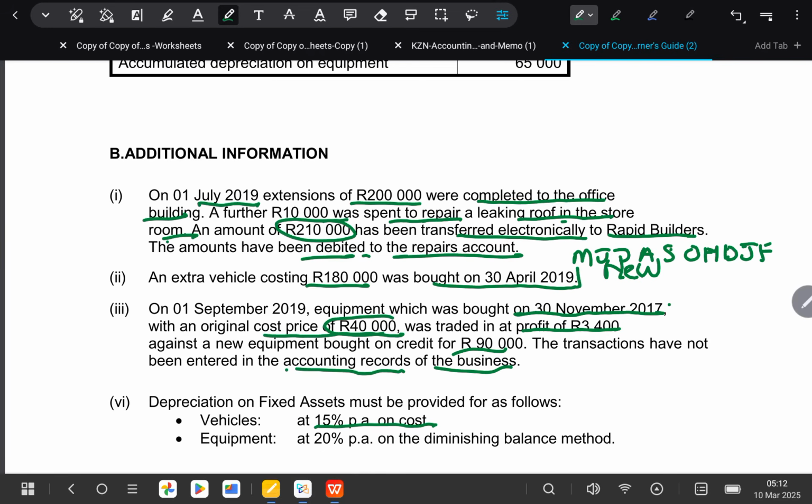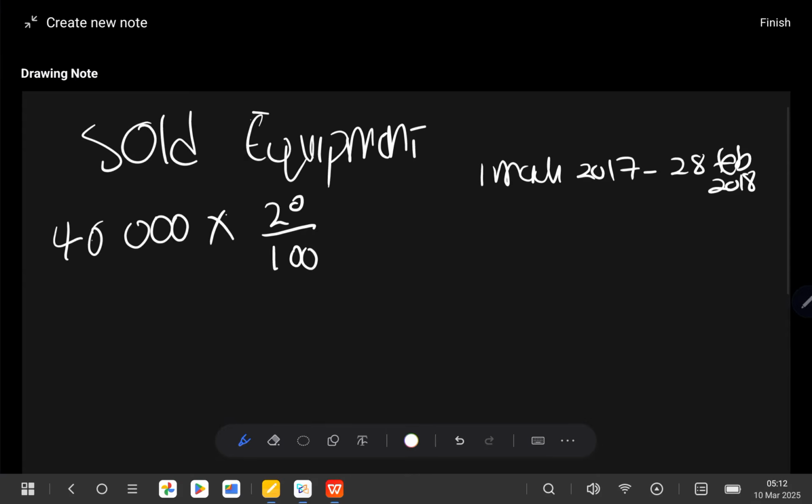According to the information, it was bought on the 30th of November. So meaning it was with us for only December, January, February, because it was bought at the end of November. So for the first year, the depreciation on that asset was calculated for 3 months.